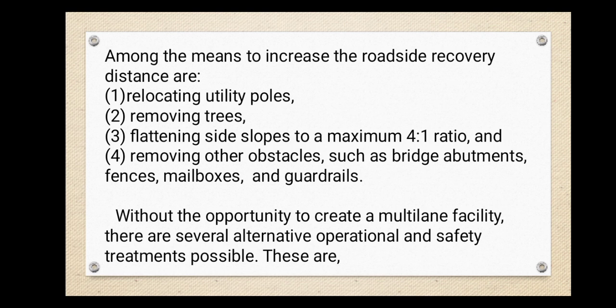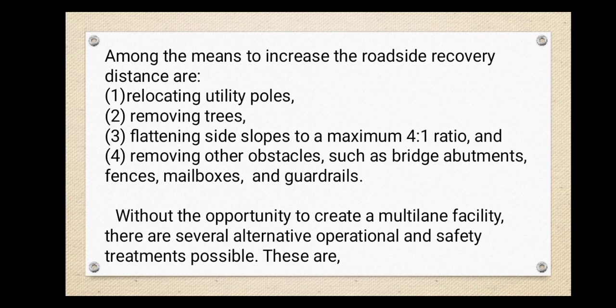When highway signs or obstacles such as mailboxes cannot be relocated, they should be mounted so as to break away when struck by a moving vehicle, thus minimizing crash severity.